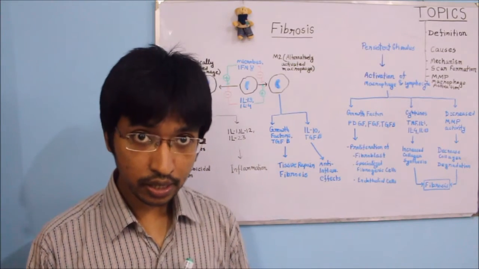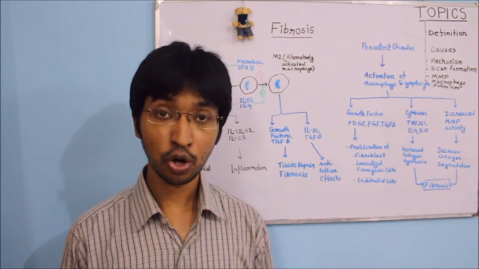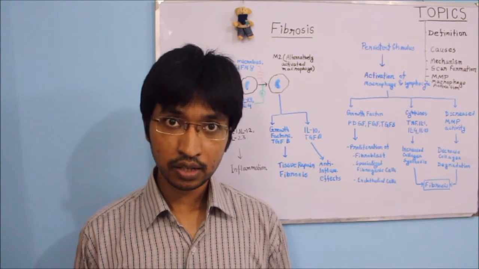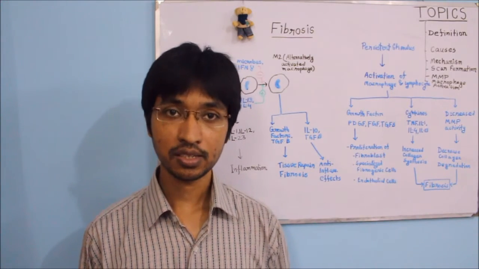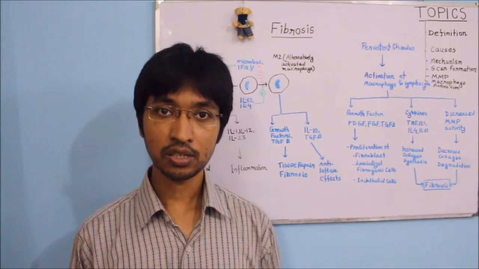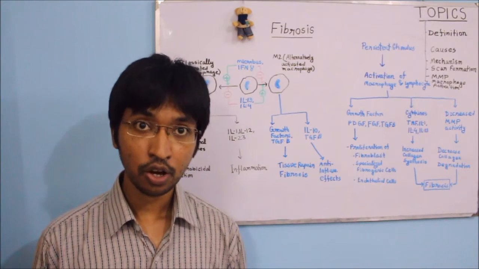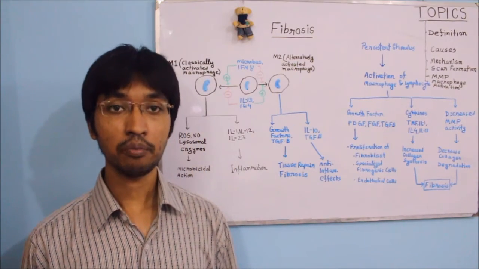So, in a sense, not only do we have to make connective tissue, but we also have to degrade it as well. And here comes the role of matrix metalloproteinase. It is a very important enzyme that is responsible for degradation of collagen and other extracellular matrix components.